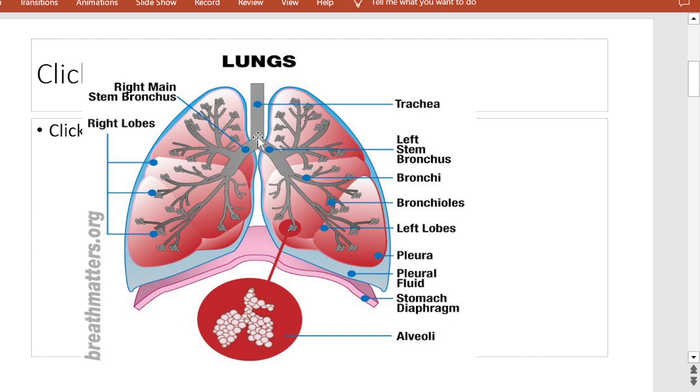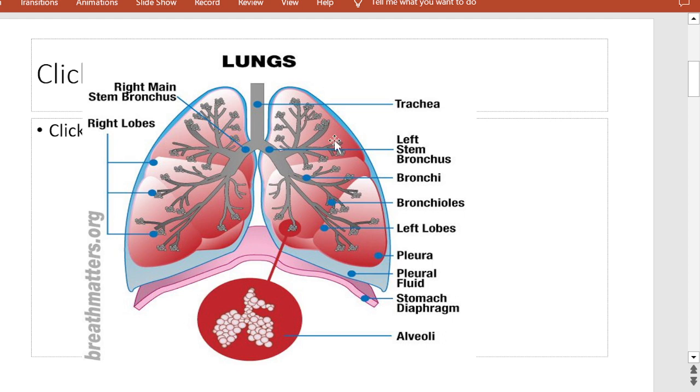The major branches from the trachea are the left main stem bronchus and the right main stem bronchus. The main bronchus is divided into bronchi, different branches, and the bronchi are divided into bronchioles. At the ending portion are air-filled sacs, which we call alveoli.